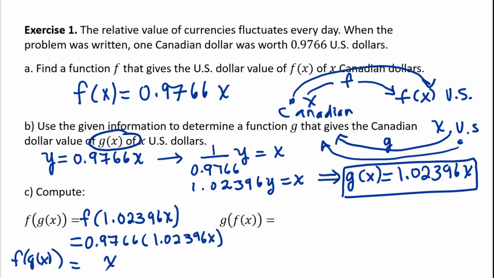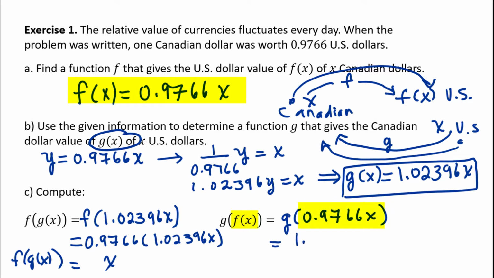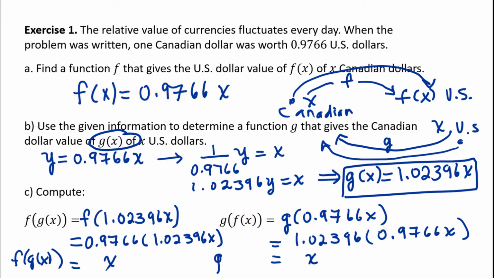Let's try for g of f of x. So for the g function, we're going to have g of, and for f of x, we put in 0.9766x, computed in the g function, so 1.02396, and where the x was, we'll replace it with the f of x function, which was 0.9766x, and when you multiply those two numbers together, you get 1, so we find out that g of f of x equals x.